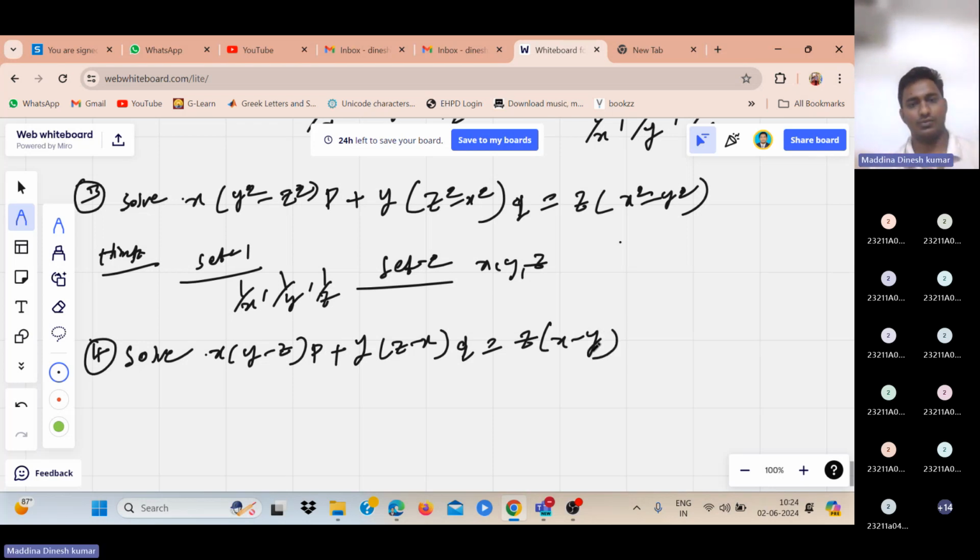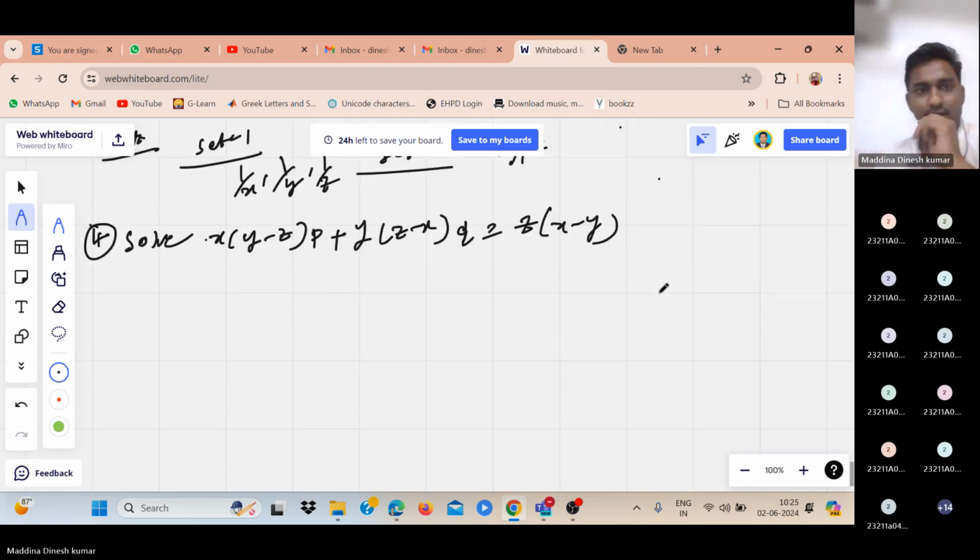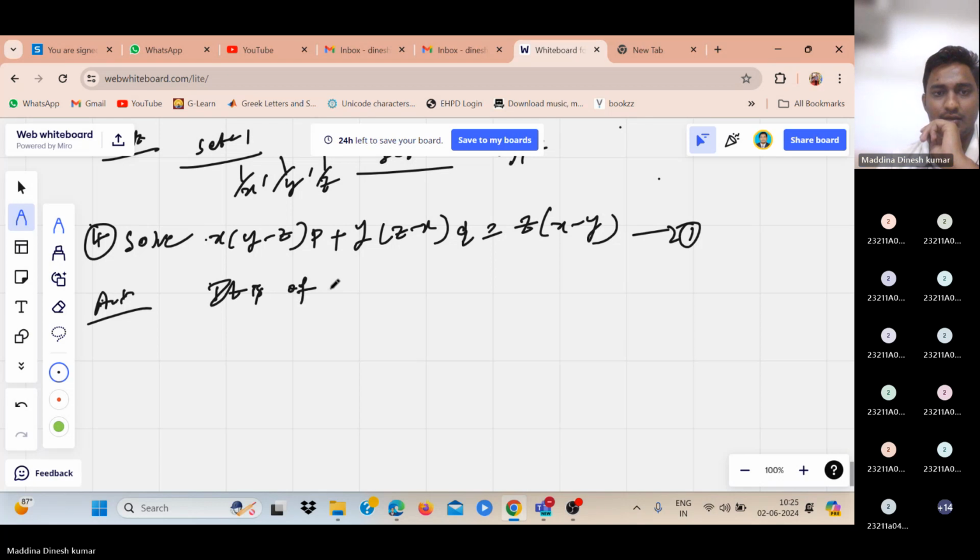Okay, so now the answer. Considering equation number 1, it is of the form capital P p plus capital Q q equal to R.